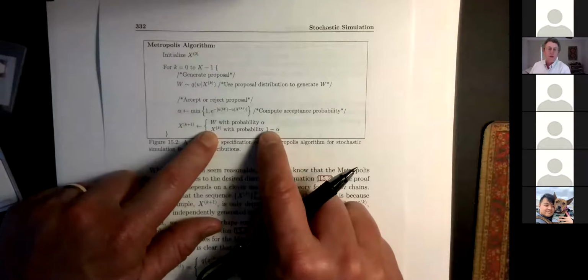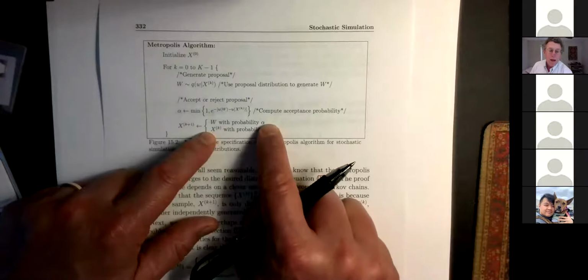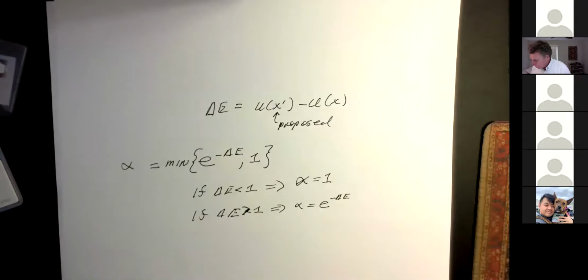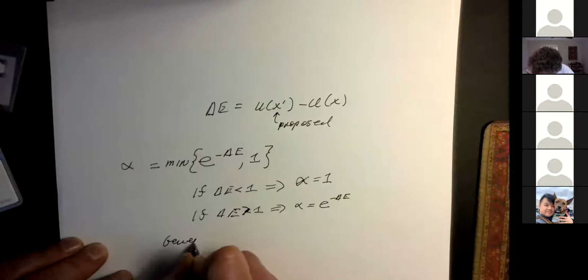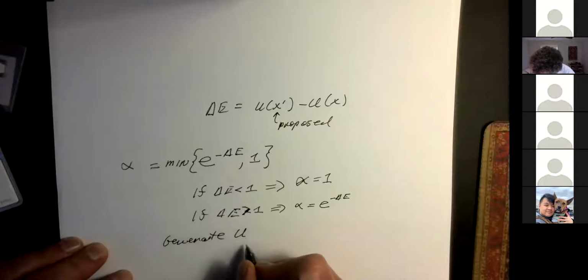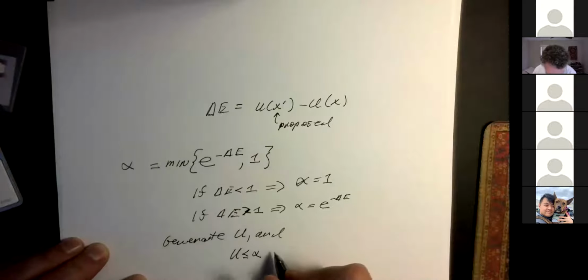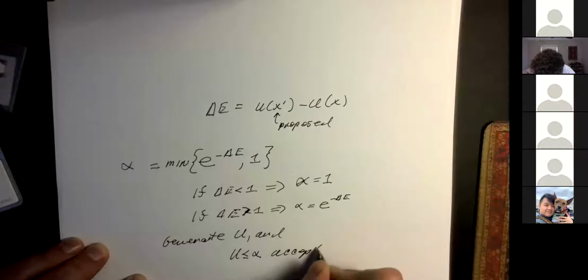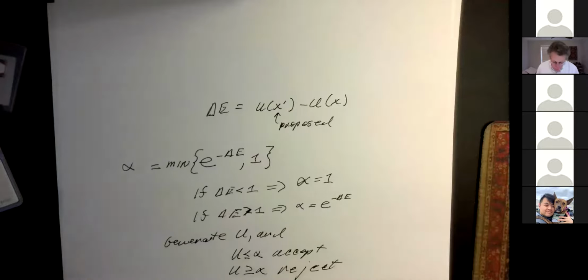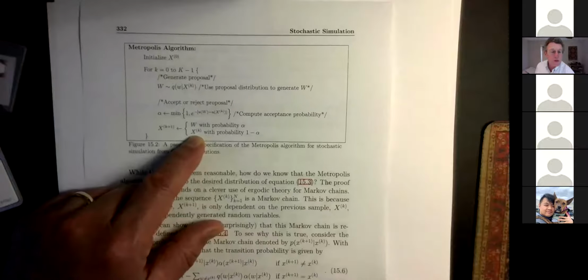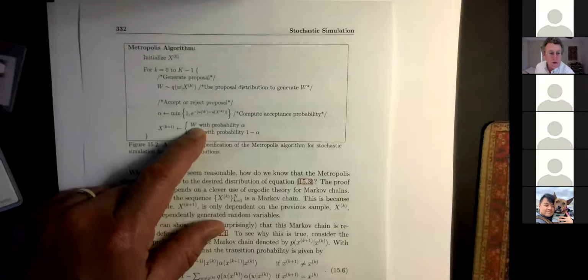I have to generate another independent random variable and compare it. So you generate U, and then if U is less than or equal to alpha, accept, and if U is greater than or equal to alpha, reject. By reject, I mean I don't accept the proposal. I just leave the state alone, and accepting means I change the state.